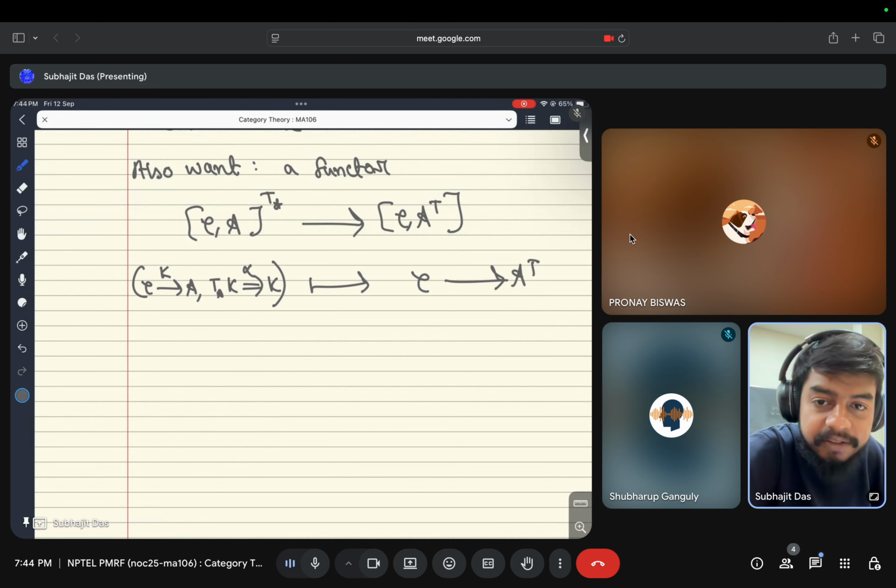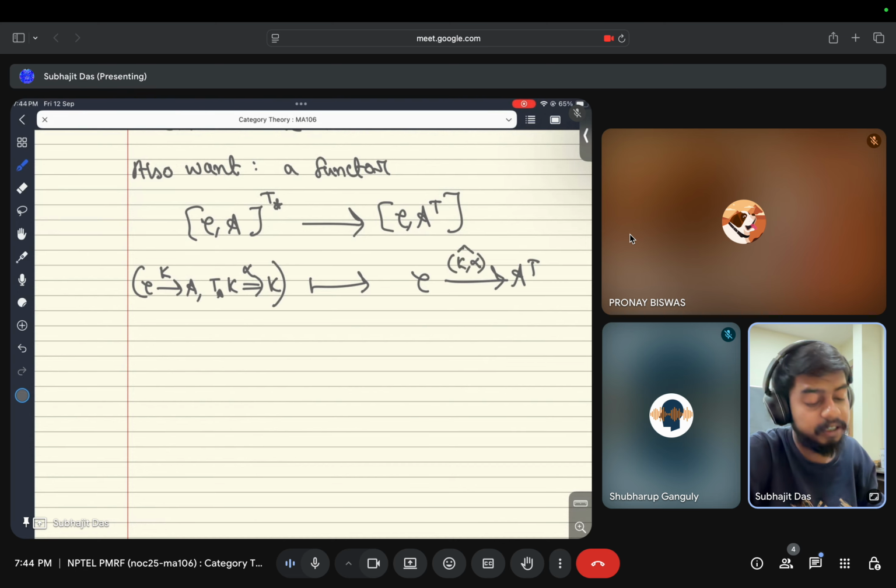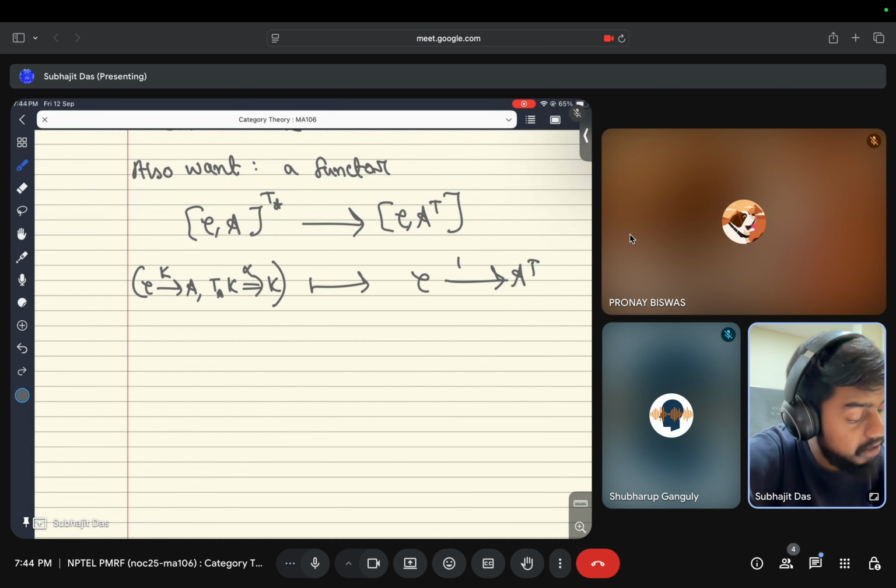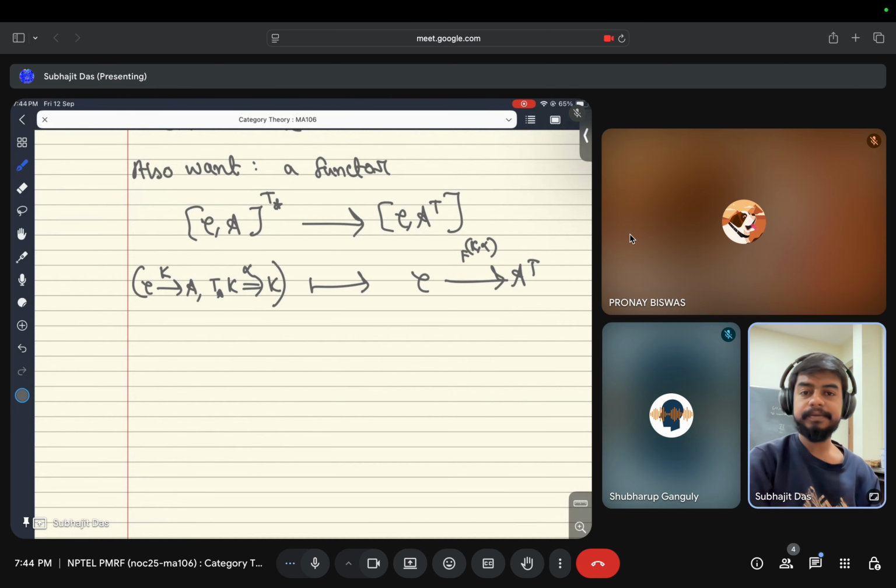Let's say this functor is F power K comma alpha, associated to the pair K comma alpha. So this is a functor.